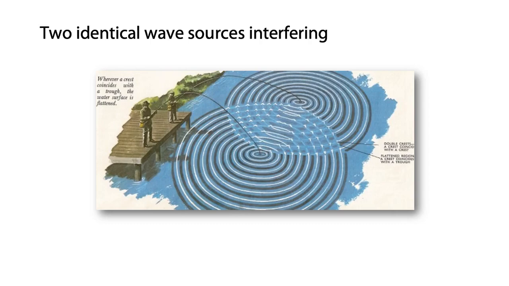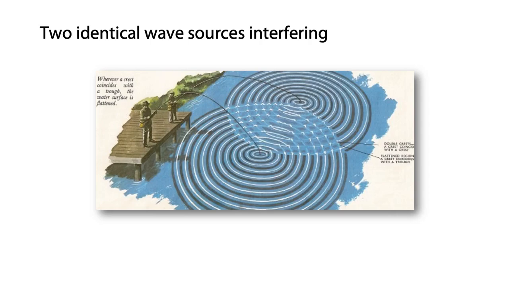You remember we looked at superposition, so as the waves pass through each other, the displacements will add or subtract. If you have two peaks together, two crests together, you'll get double the displacement, and if you get a crest and a trough going together, then they will cancel out.